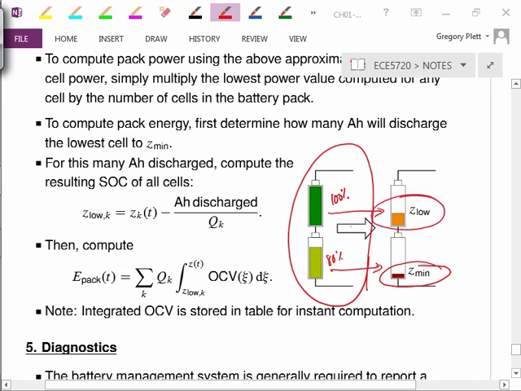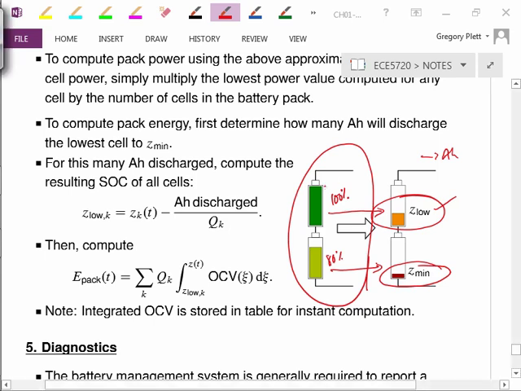This one would not get to z-min. I'm getting a certain number of amp hours out here. It would get to z-low, but it wouldn't get to z-min. Okay, so I figure out the number of amp hours that discharges the lowest cell to z-min, and then I compute what the final states of charge are for all of the cells in the battery pack.